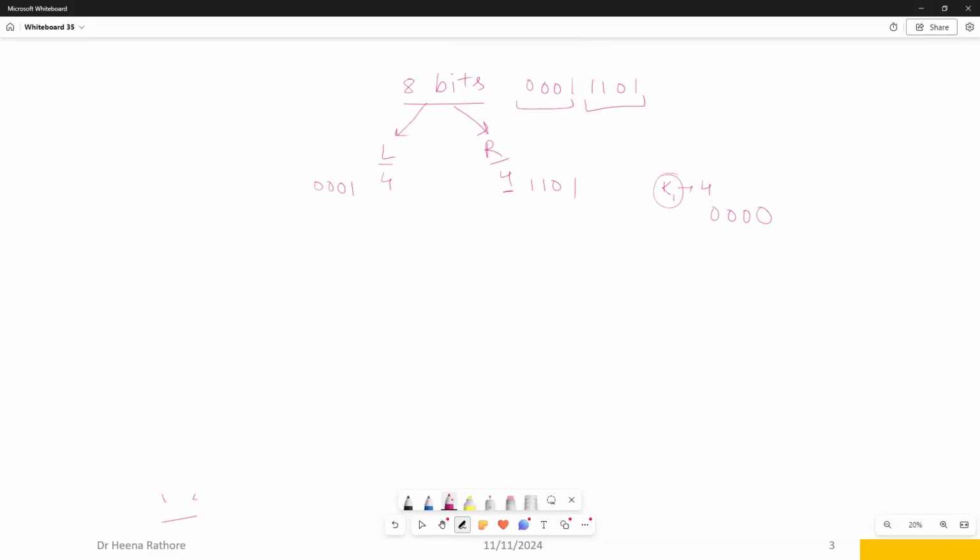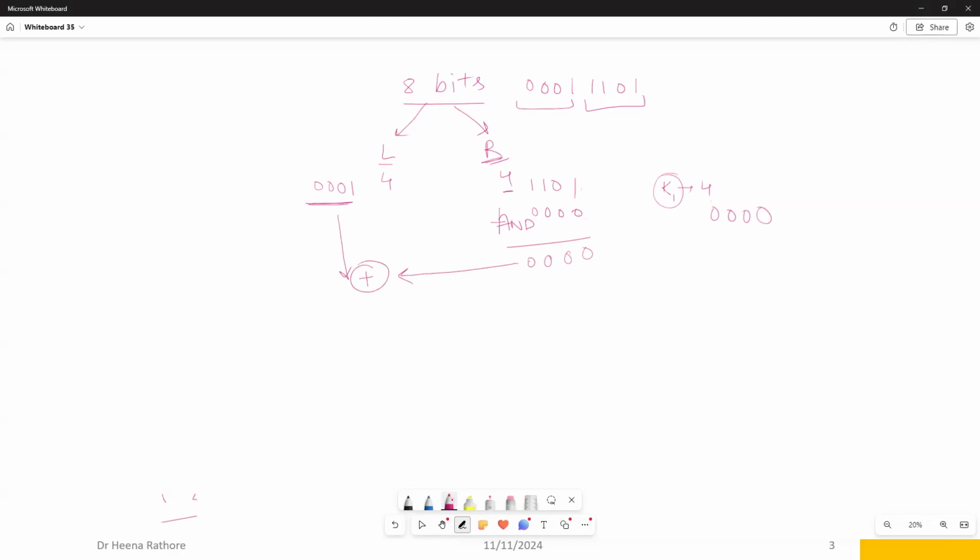I'm just giving a simple example, all the bits are 0. You will perform one function on the right-hand side, and let us suppose we perform an AND operation: 0000 AND the right-hand side. So 1 AND 0 is 0, 0 AND 0 is 0, 1 AND 0 is 0, 1 AND 0 is 0. You will XOR this resultant with the left-hand side.